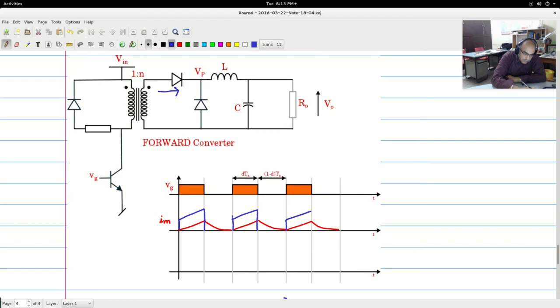This is the reflected part of the secondary current. In the secondary, the inductor current average was I naught, but when you take it to the primary side, it becomes N I naught. So this value, very important, gets scaled by N.